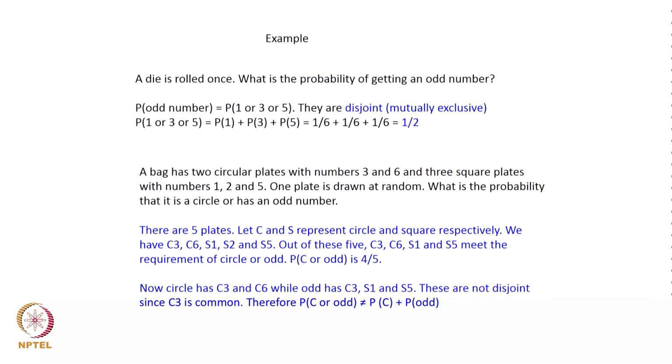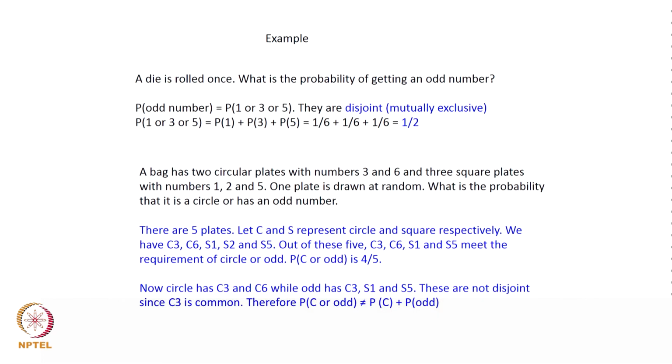In each of these cases, the probability is 1 by 6 because it is a die, and therefore, the answer is 1 by 6 plus 1 by 6 plus 1 by 6, which is half. Of course, there is another way of looking at it. You either get an odd number or an even number. So, you have 3 plus 3, therefore, the answer is half.